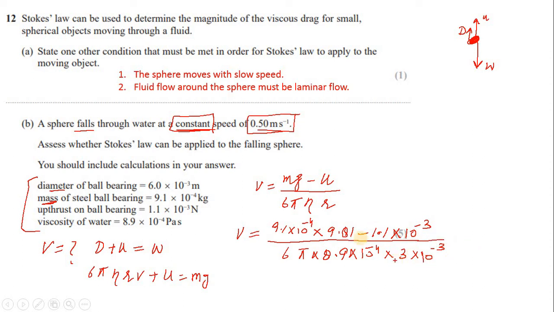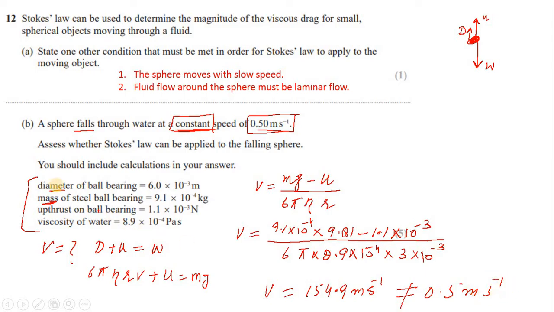So you just use your calculator, put the numbers in there and find the velocity. You will find the velocity as 154.9 meter per second, which is of course not equal to 0.5.